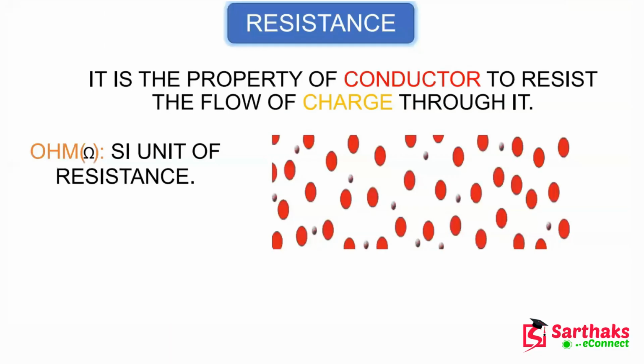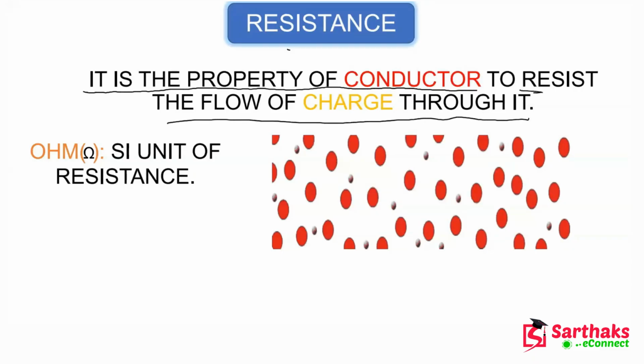Now let's talk about the definition of resistance. It is the property of a conductor to resist the flow of charge through it. Basically we understand what resistance actually is, but if you are asked for the definition of resistance, how would you write it?